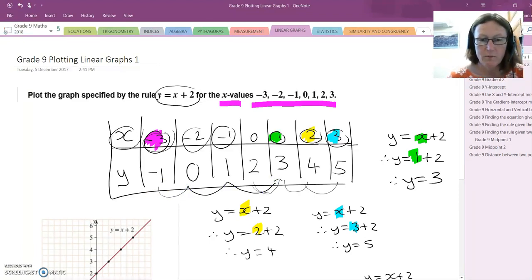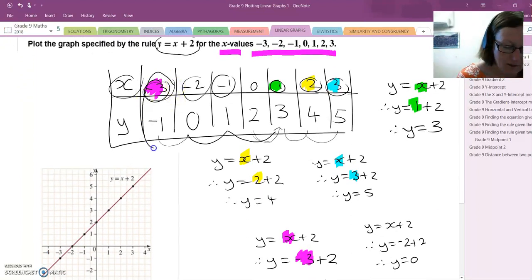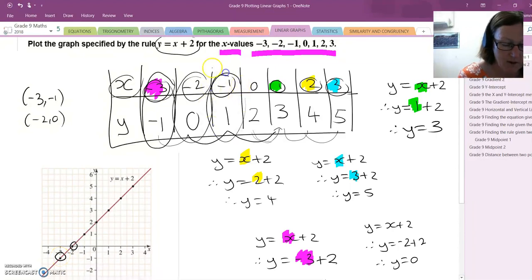And what I then do is plot these points onto my graph. So this point here is the point x is -3, y is -1. There, that's been plotted there. This next point is -2, 0. That's been plotted there. The next point here is -1, 1.